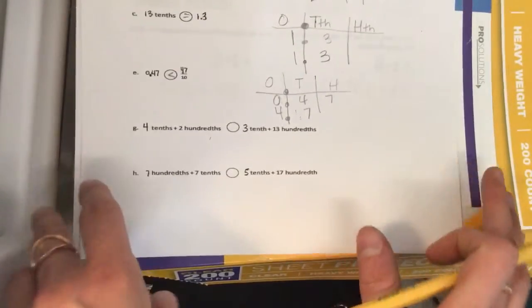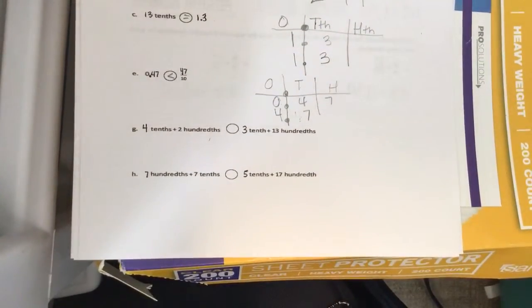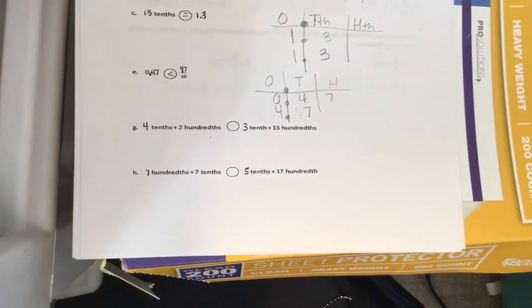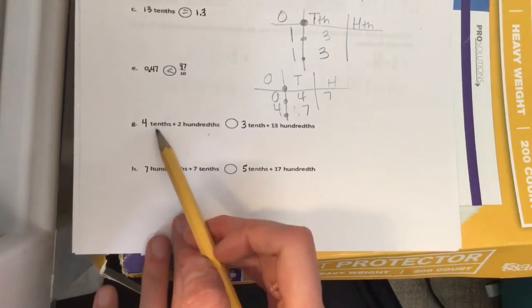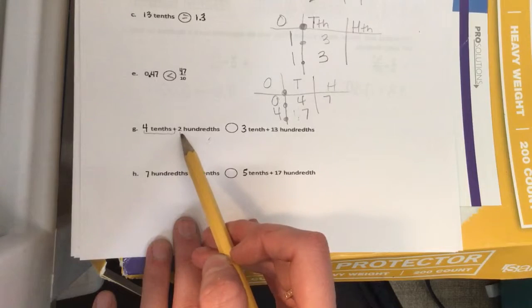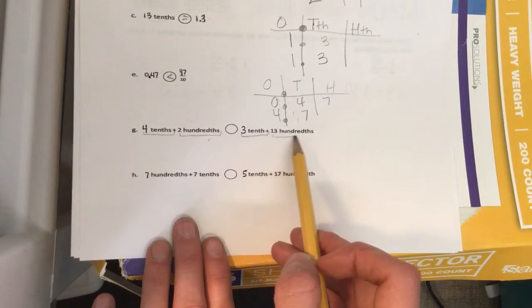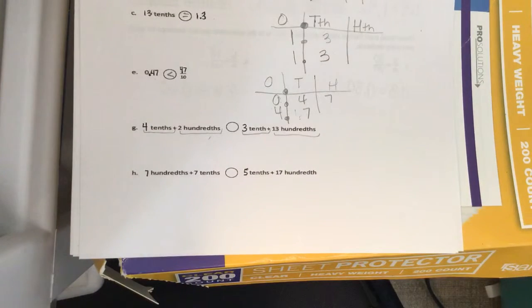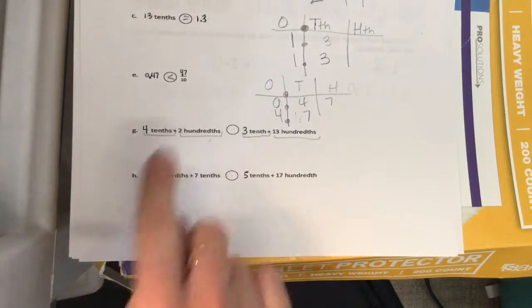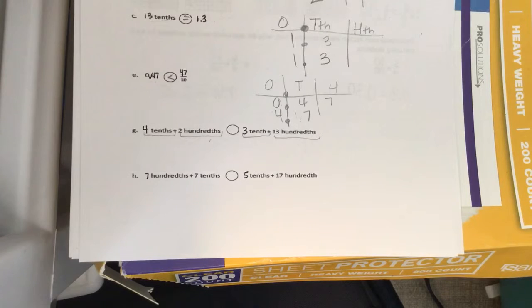All right, now G, I have addition problems and then I need to compare them. So here we have 4 tenths and 2 hundredths versus 3 tenths and 13 hundredths. Go ahead and add 4 tenths and 2 hundredths on your own.